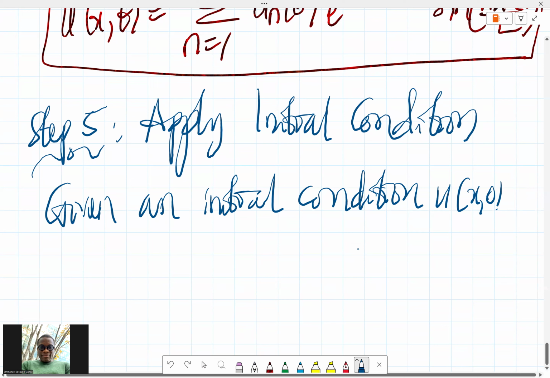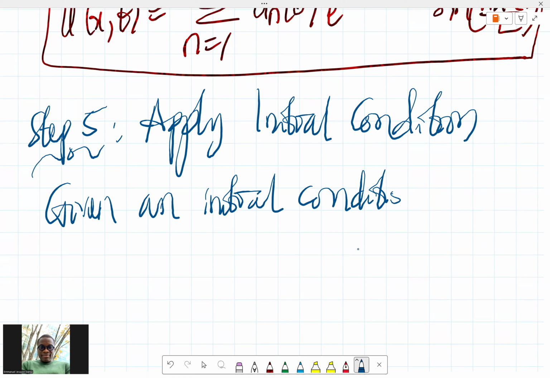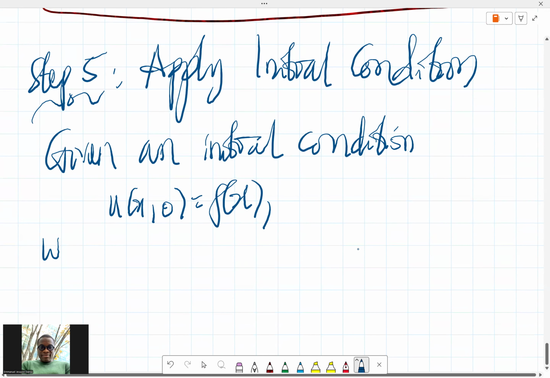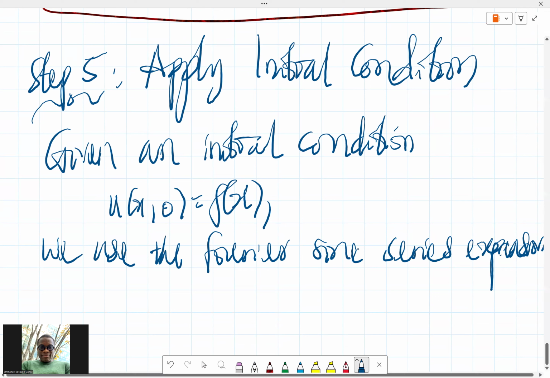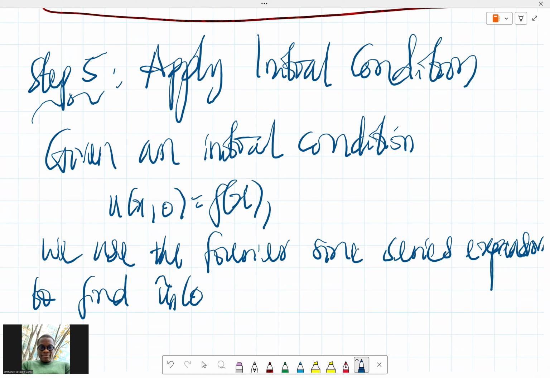Given an initial condition u(x,0) equals f(x), we use the Fourier sine series expansion to find u_n(0).